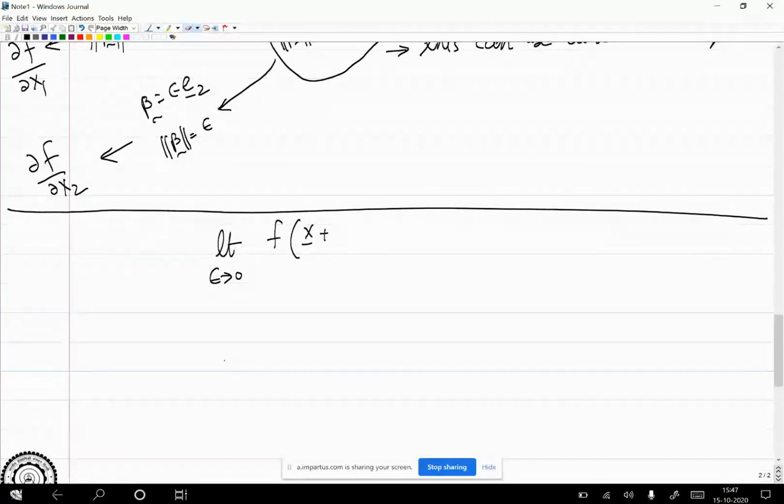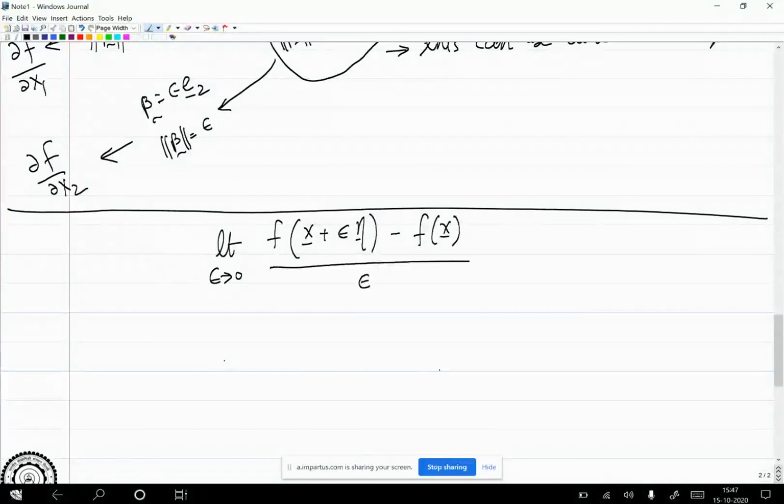This is f of x plus epsilon eta, and suppose here we write eta. So f of x plus epsilon eta minus f of x, divided by epsilon. We just learned that this is the directional derivative along eta.